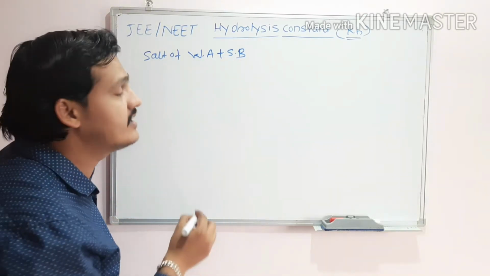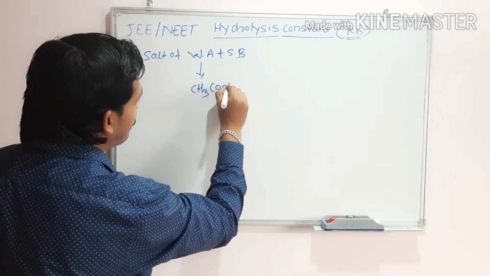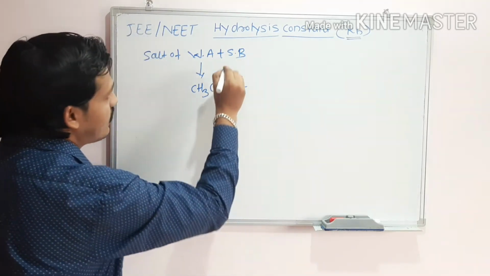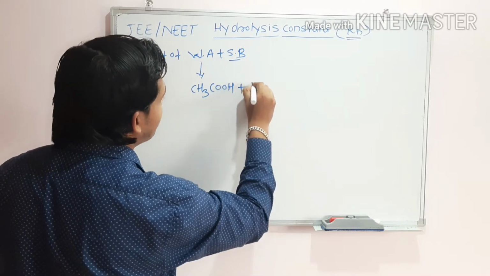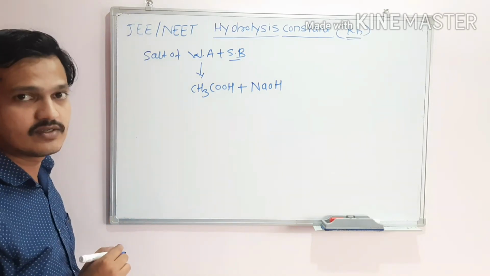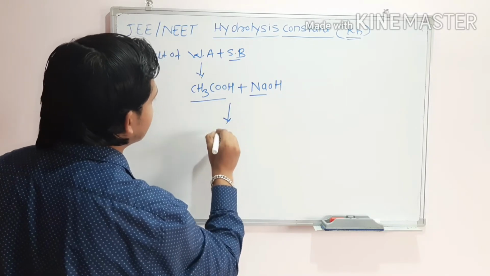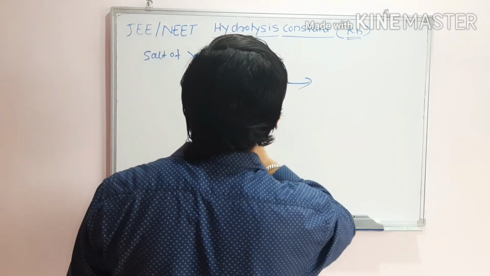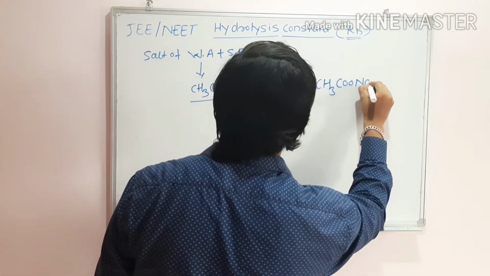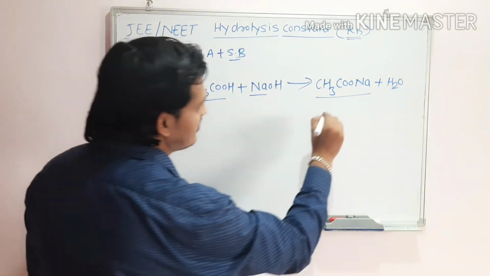Example for weak acid is CH3COOH, acetic acid, plus example for strong base, NaOH. What is the name of the salt? Sodium acetate, CH3COONa plus H2O. This is our product, that is salt.